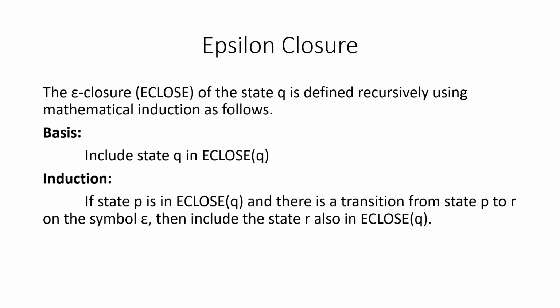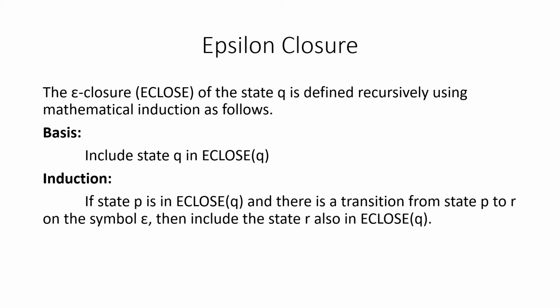Assume that for the state Q, we want to find E-close. In the basis, for whatever state you are going to find E-close, we include that state in our answer. I'm repeating: if you want to find E-close for a state, say Q, by default we have to include that state in the E-close of that state.